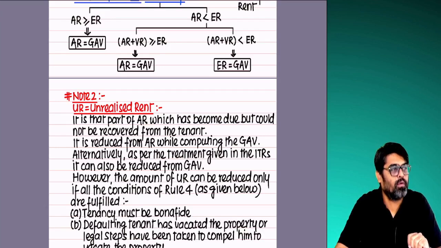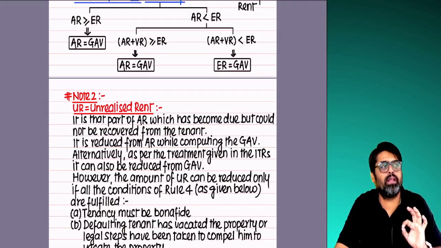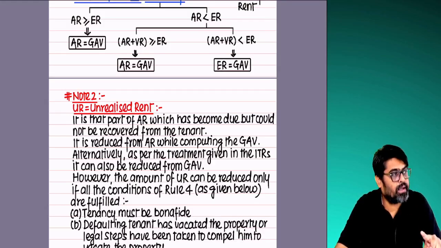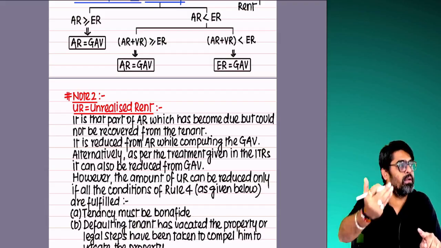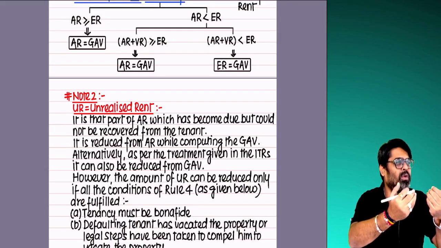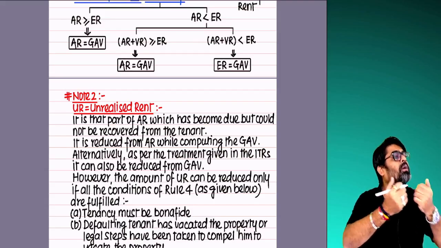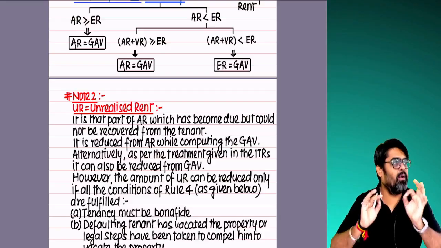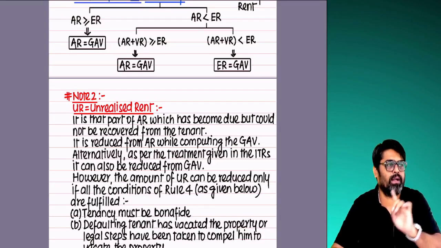If you satisfy all these 4 conditions, only then you are allowed to reduce unrealized rent while calculating the GAV. Whether you want to reduce it from actual rent or after GAV, you will be able to reduce only if 4 conditions are fulfilled.